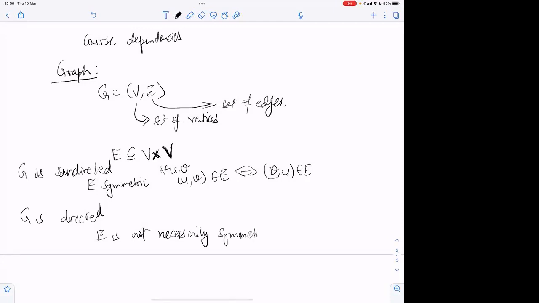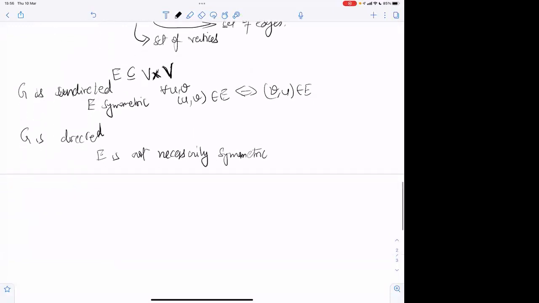For example, in course dependencies, the graph must be directed, because C1 being a prerequisite for C2 means there is a natural direction from C1 to C2. It doesn't make sense to say C1 and C2 are prerequisites of each other.